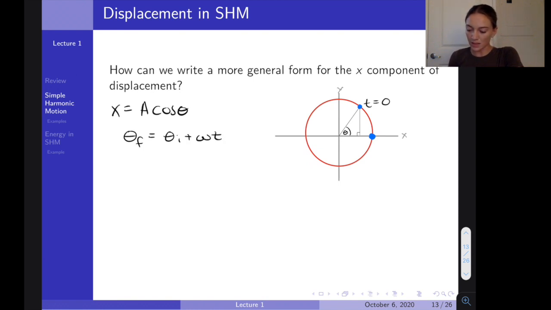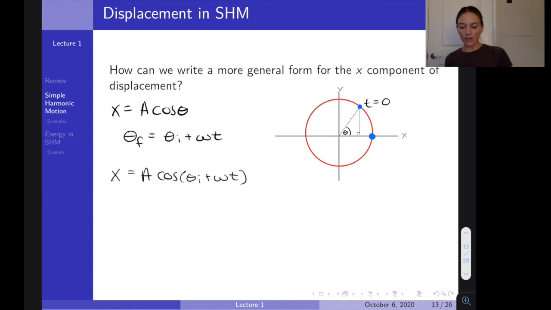So now what this tells us is that if I start at some initial theta i, so like this one right here, and I'm moving at some angular speed omega, however many, 5, 10 seconds later, this is going to be my new angular position, right? So I can just rewrite this x position as A cosine of theta i plus omega t.